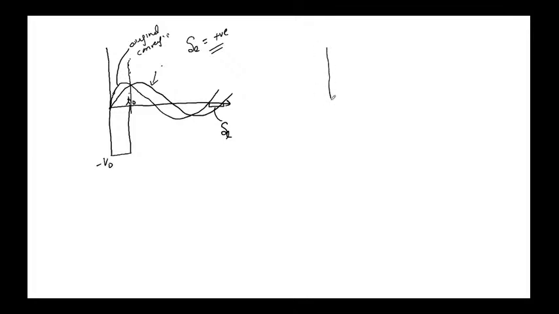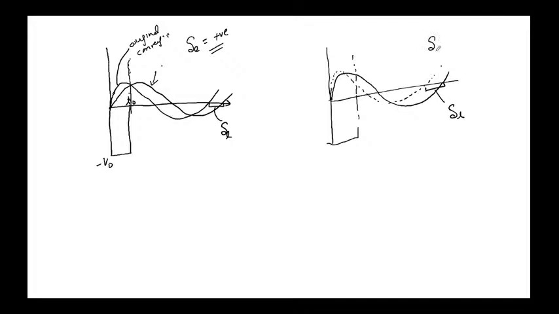And if it is lagging behind the original wave, suppose this is our nuclear potential, and this is our original wave, here the wave is lagging, so this is a repulsive phase shift, or you can say a negative phase shift.